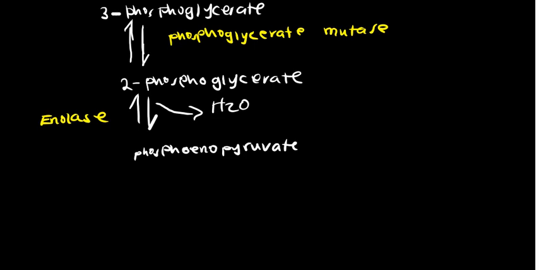So this phosphoenolpyruvate gets converted to pyruvate now, which is the end product that we needed for glycolysis. Here the enzyme will be pyruvate kinase.